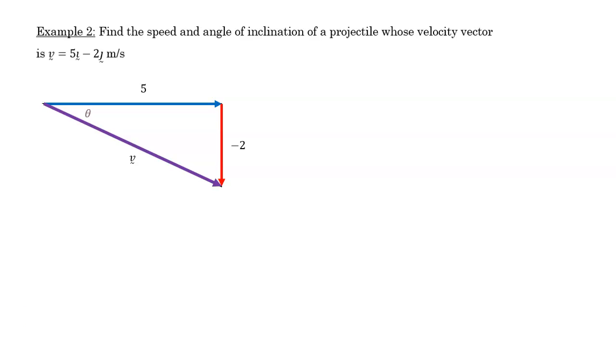So 5 squared plus negative 2 all squared gives us 29. The square root of that is root 29. So that's our speed, which is the scalar magnitude of our velocity. And then to find the angle, we're going to use inverse tan. We get negative 2 over 5, which gives us an angle of negative 22 degrees.